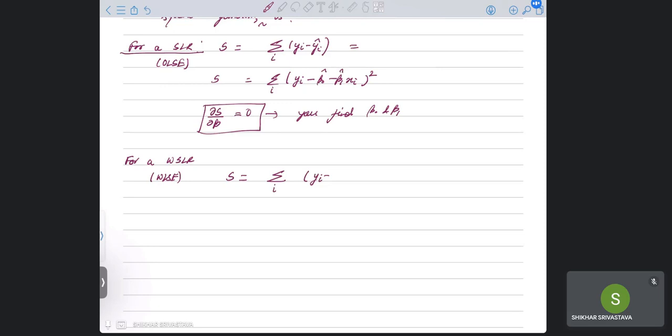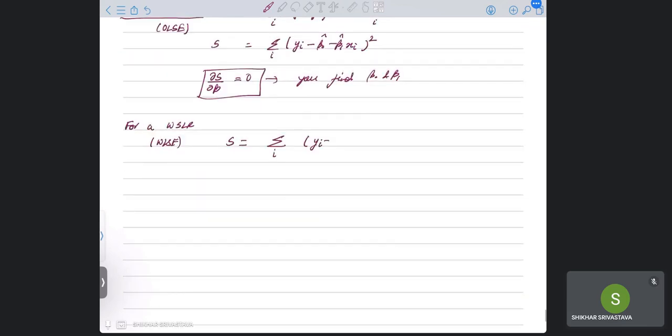This is your residual sum of squares. You just add a weight term wi for each observation. So for each ith observation, you have a corresponding weighting term. You weight each of these squared terms with another weighting term, which we need to estimate.